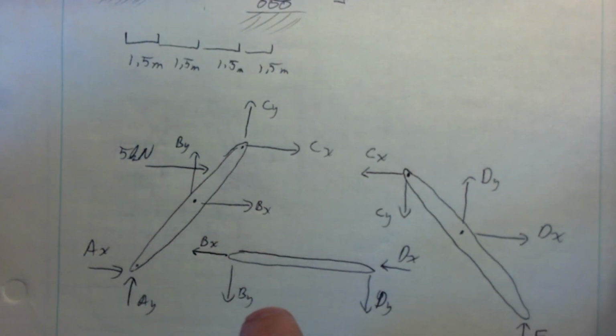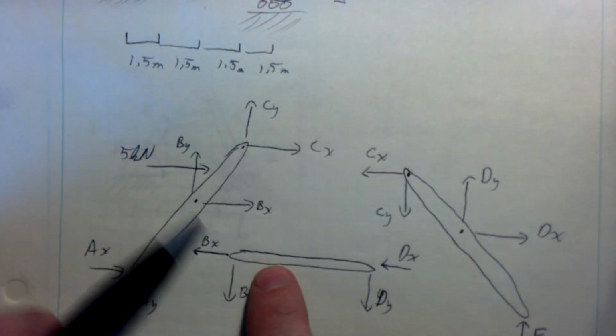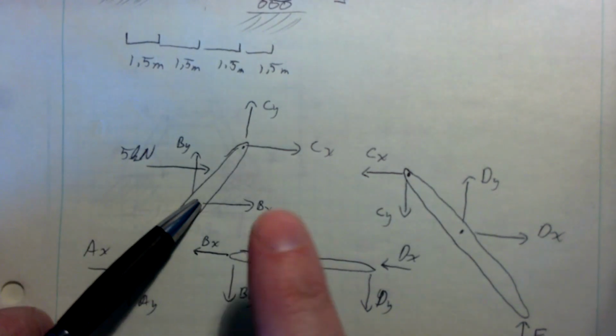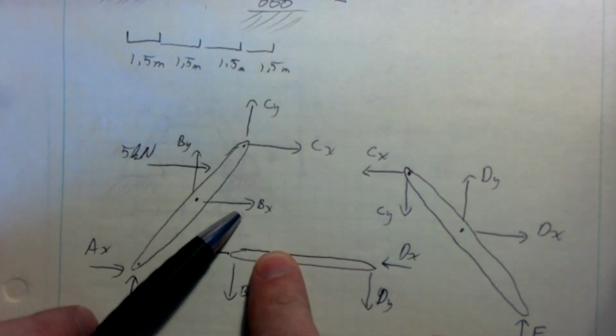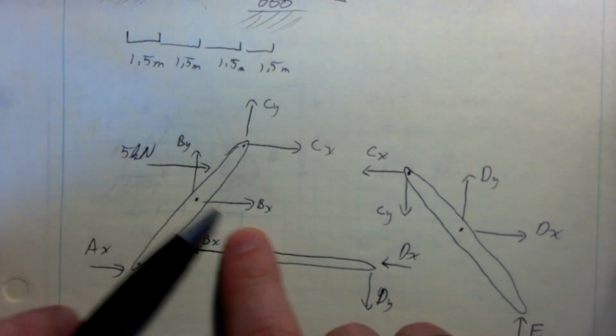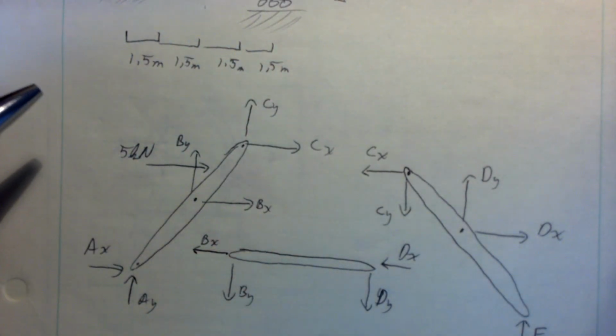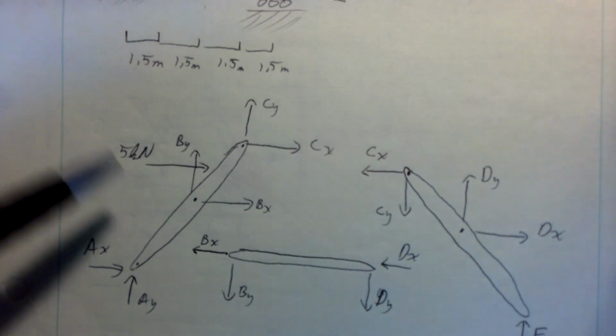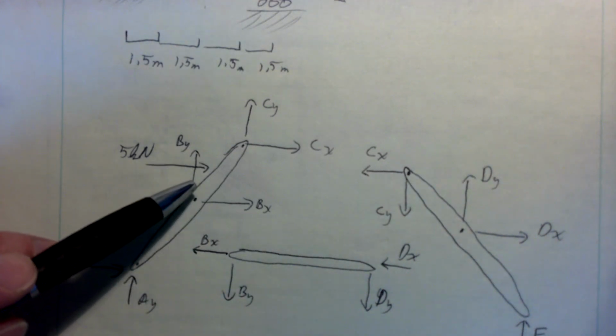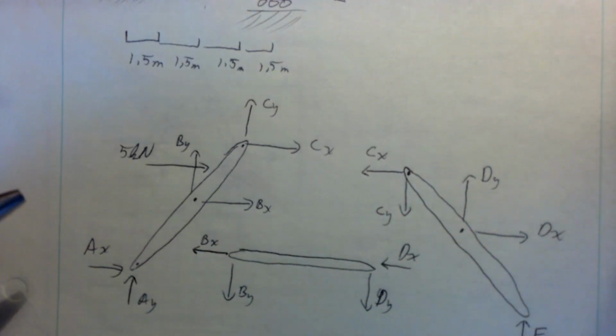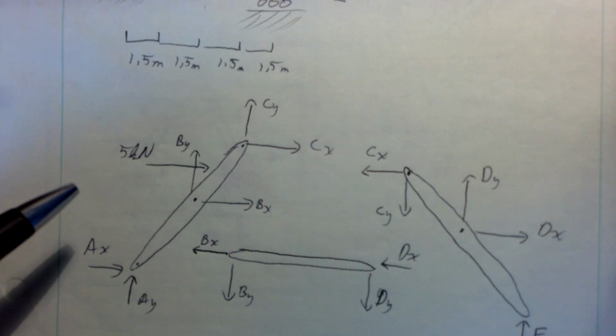They're only exposed when I take this thing apart. So if I draw free body diagrams of each side of this pin, I've got equal and opposite forces that when I put them together, will cancel out. So you have to be very systematic: whatever direction they are on one free body diagram, they're going to end up being the opposite on the other. So you want to have some way of systematically keeping track of your signs.